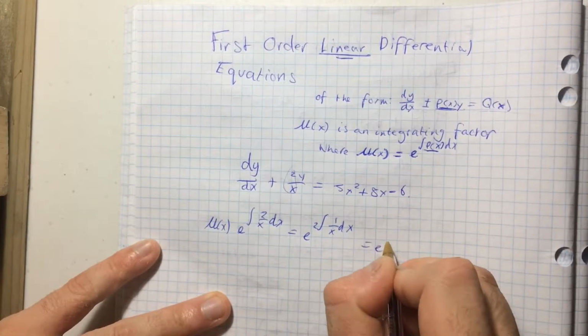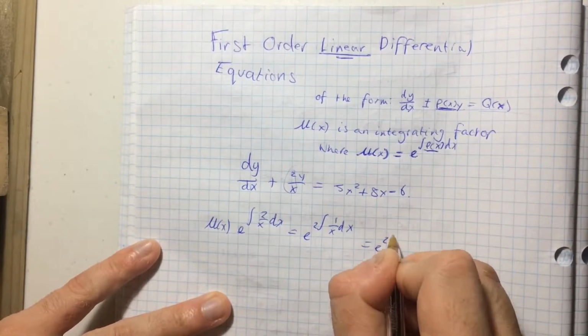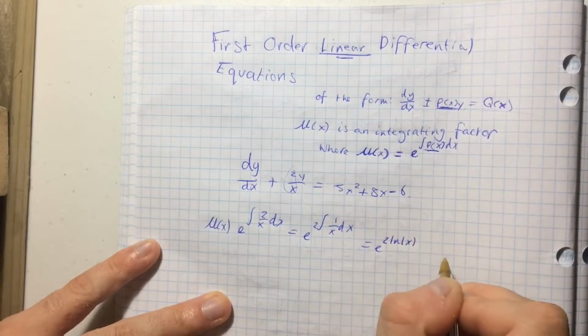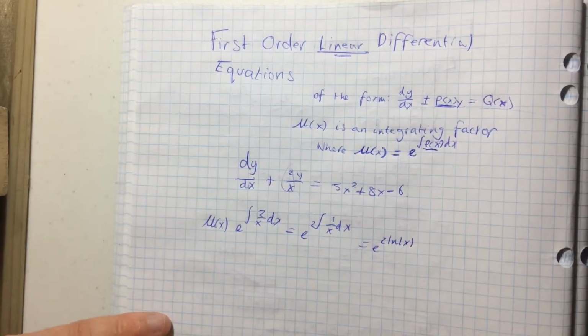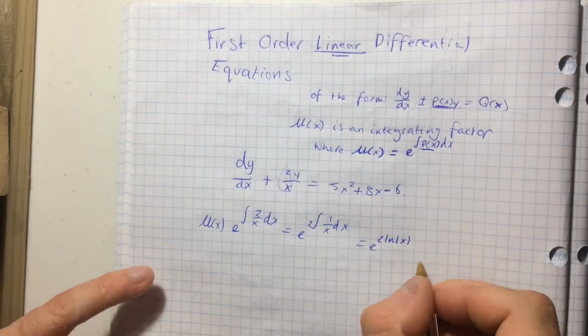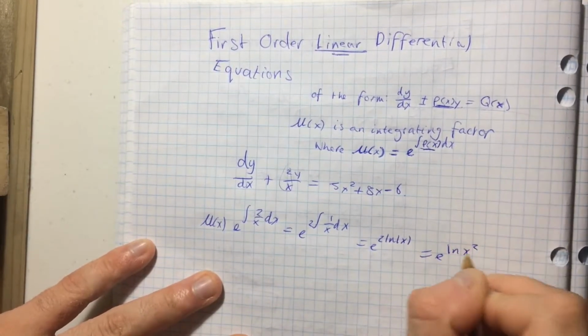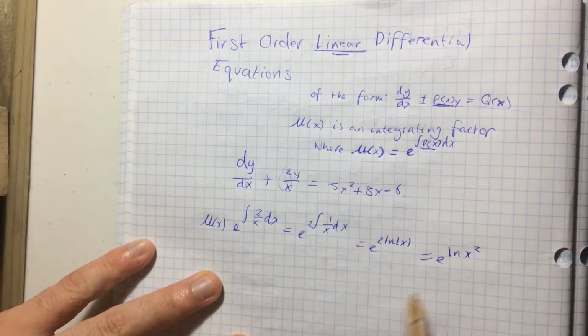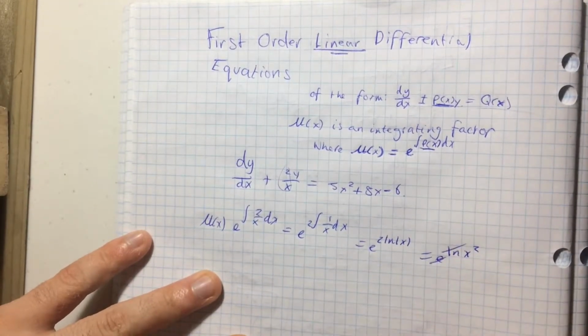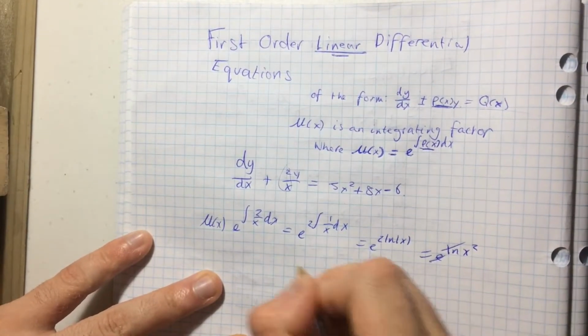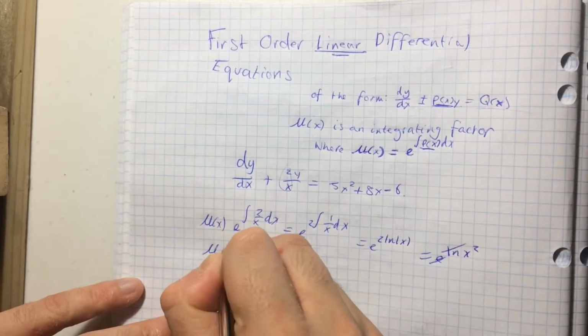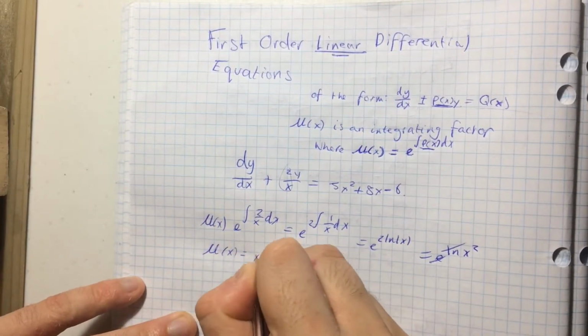That's just equal to e to the 2 times the natural log of the absolute value of x. I'm going to forget about the plus c for now. So this is equal to e to the ln of x squared if you use laws of logarithms. And these are inverses of each other, so we can cancel them out, which means that mu of x is just x squared.